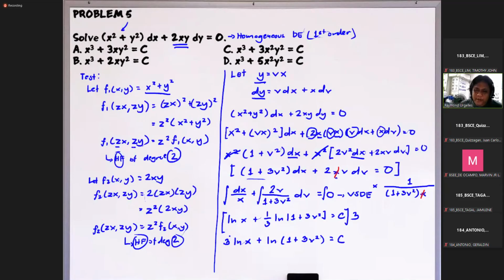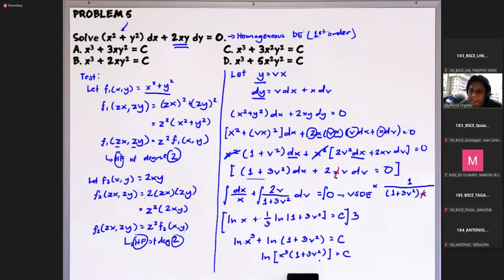And by properties of logarithm, yung 3 na to pwede nating ilagay as an exponent nung nasa loob ng logarithm natin. So therefore, we can write this as ln of x cubed. And by properties of logarithm, pag addition, pwede nating i-multiply yung nasa loob. So therefore, you will form ln of x cubed multiplied by 1 plus 3v squared, which is equal to the constant.